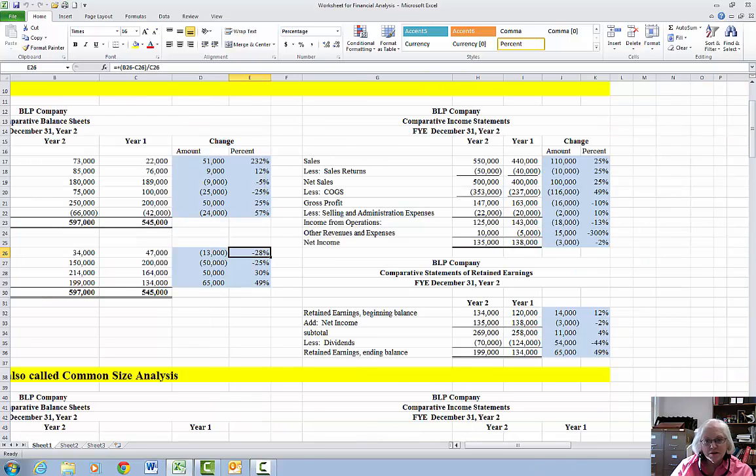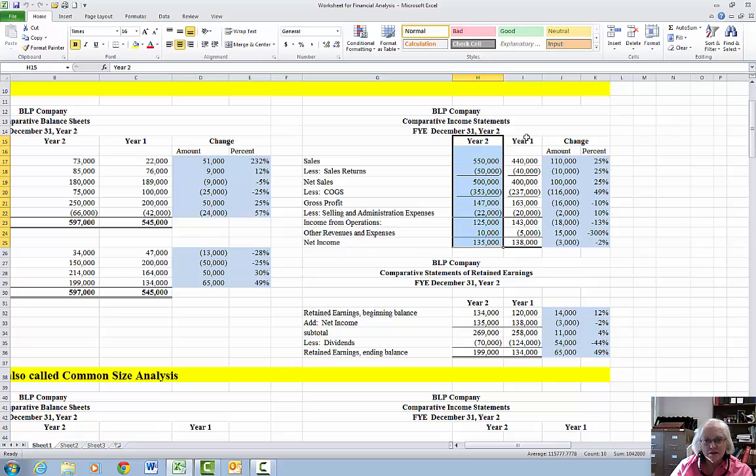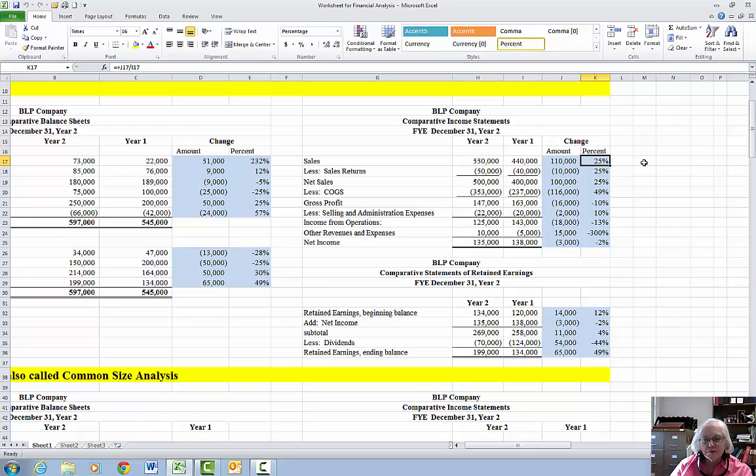Over on the income statement, we're going to do the very same thing. We have comparative financial statements again, year 2, year 1. Change is what you went from year 1 to year 2, so we increased 110,000, which is a 25% increase: the 110 divided by the 440. Same thing with the positives and the negatives.